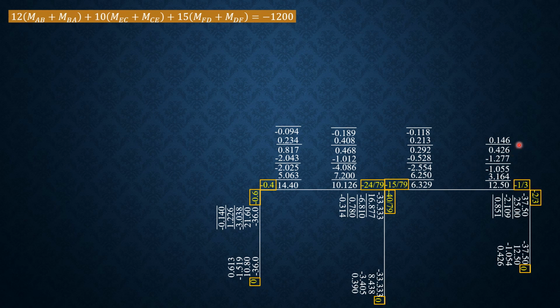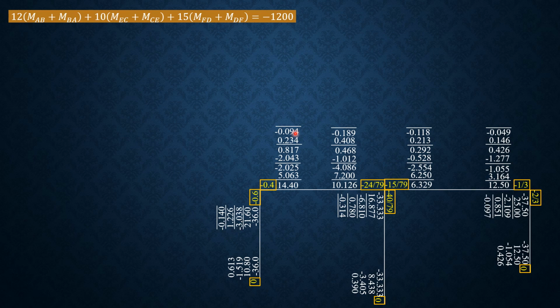Then 0.146 times negative 1/3, negative 0.049 lakh. Same 0.146 times negative 2/3, negative 0.097 lakh. Carry over, so 0 here, half of negative 0.14 is negative 0.070.